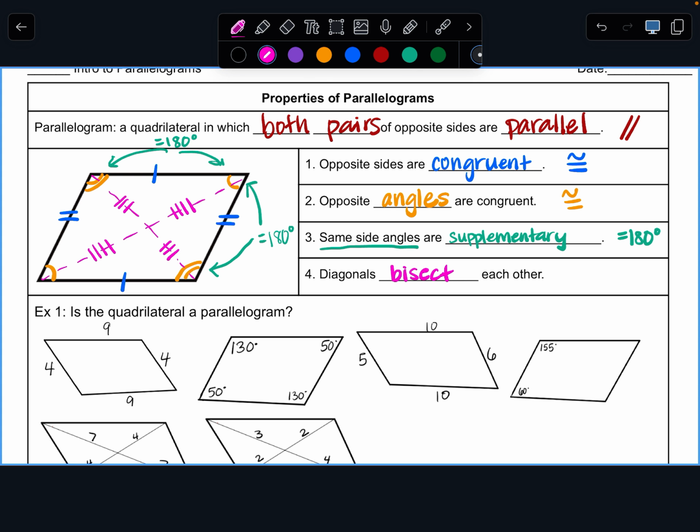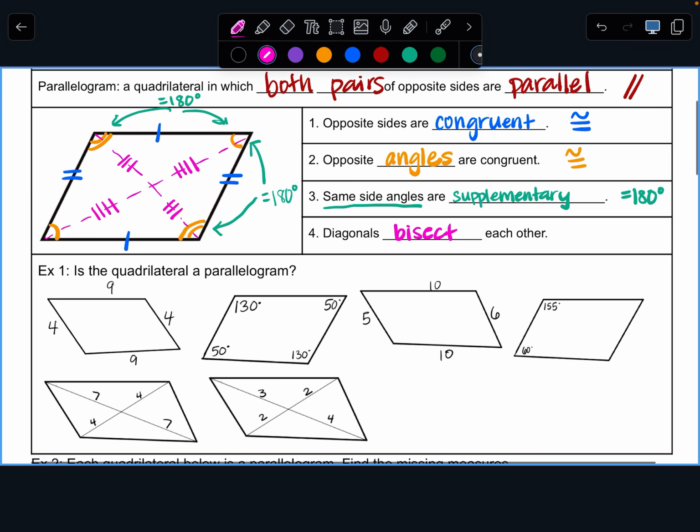All right, so let's use these properties to decide which of these figures is a parallelogram. They are all quadrilaterals, but they have to meet this criteria to be a parallelogram. So for this first one, we're going to say yes because the opposite sides are congruent, which would mean that the inside angles are congruent also.